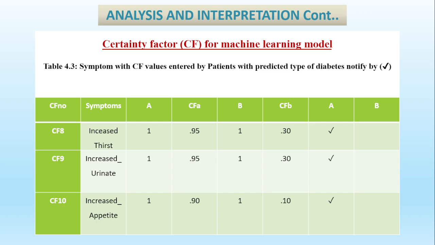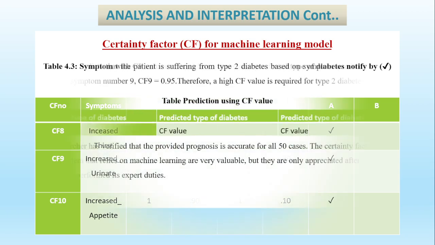For the symptom increased thirst, A is the certainty factor for type 2 with 0.95, and B is 1, where A is for type 2 diabetes and B for type 1 diabetes. Now increased urination is 1 for true, and if it is 0, then it is false. We have taken the data CF1 to CF10.